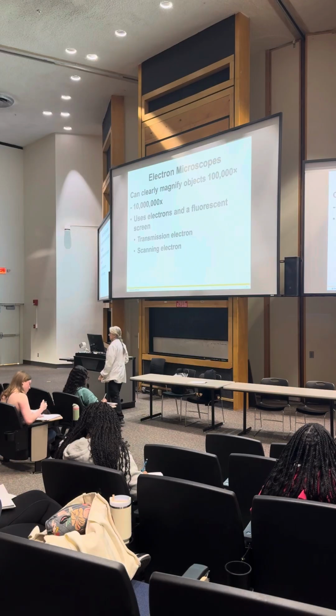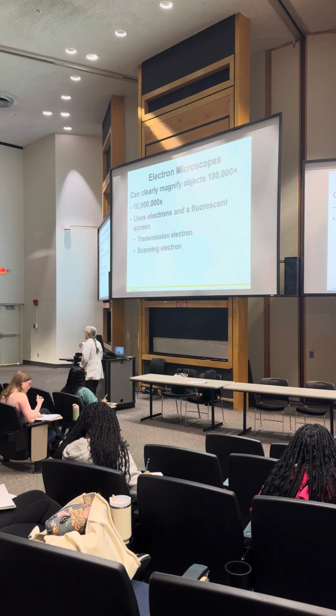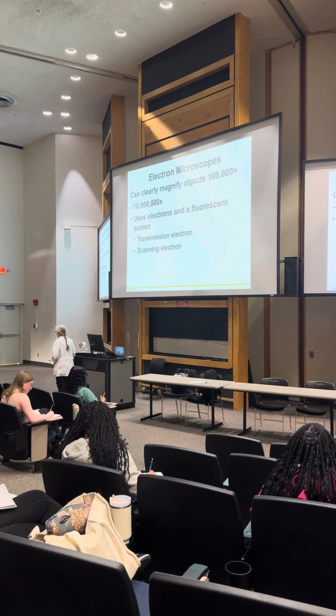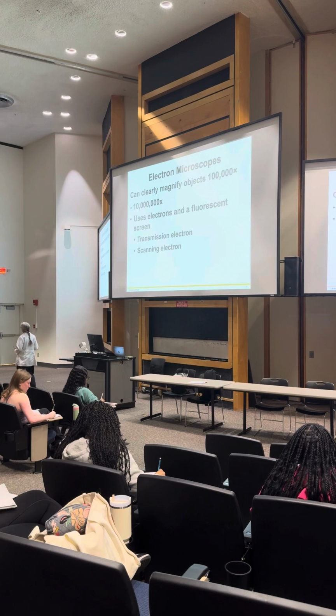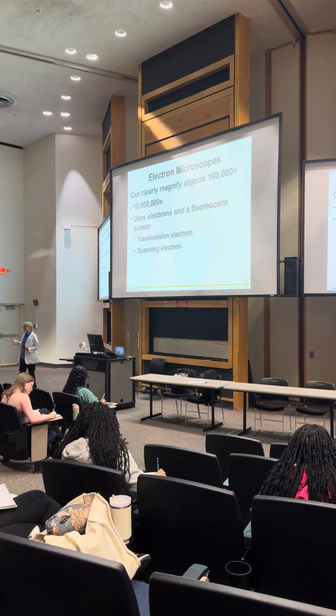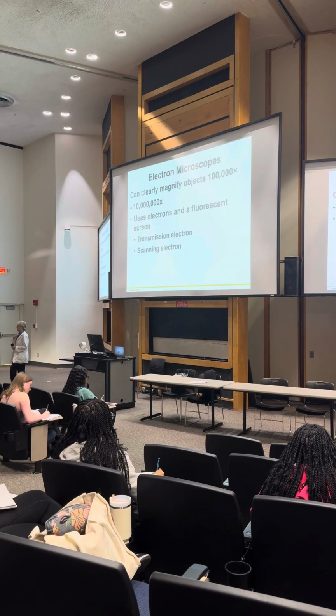They're too small. It's not like you look at an eyepiece and see it. What happens is the electrons are projected onto the organism, and a computer renders a picture to us of what that organism looks like.